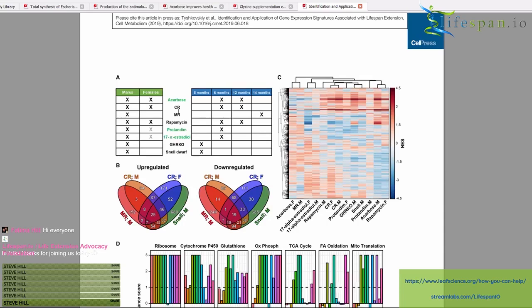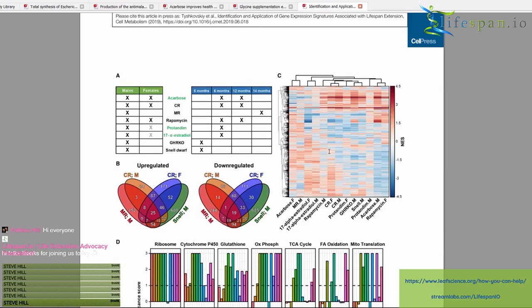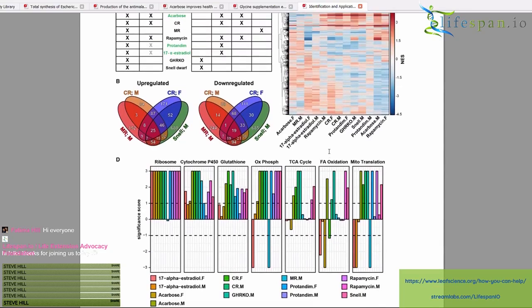So we had the data, and immediately from this data, we could already see some similarities. We could see them at the level of individual genes shown on panel B. Here we demonstrate caloric restriction in males and females, snell dwarf mice, which is a mutant of growth hormone synthesis, and methionine restriction, which is another intervention related to longevity.